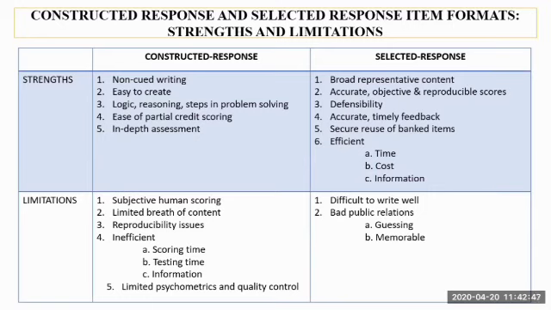The strengths of selected response are: first, broad representative content; accurate, objective, and reproducible scores; defensibility; fourth, accurate, timely feedback, secure use of banked items, efficient in time, cost, and information.